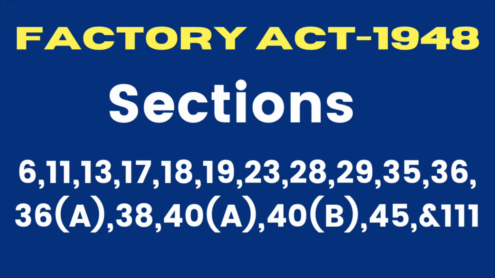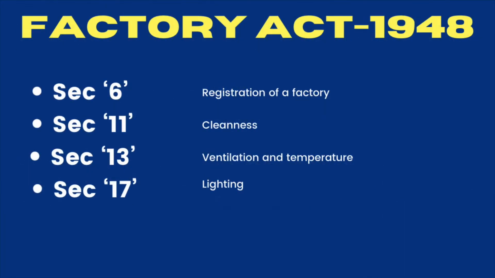We should know the basics. If you know the Factories Act, then you can discuss and argue with management as well as your co-engineers. So Section 6, registration of factory, is mandatory.